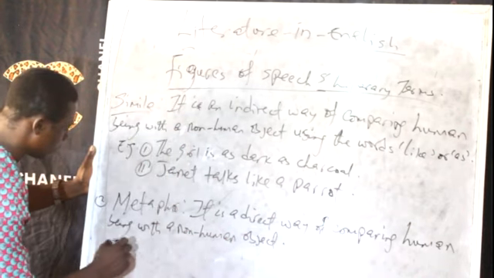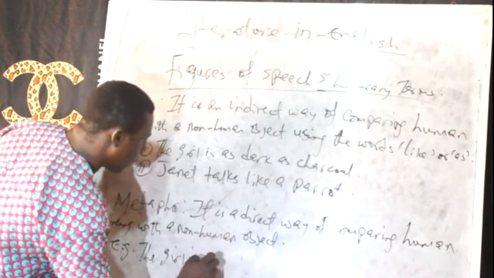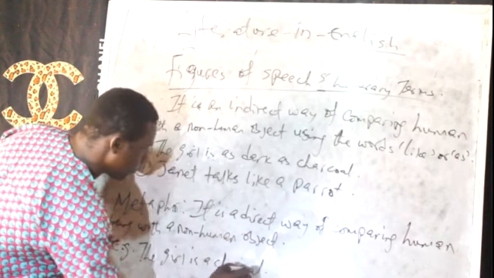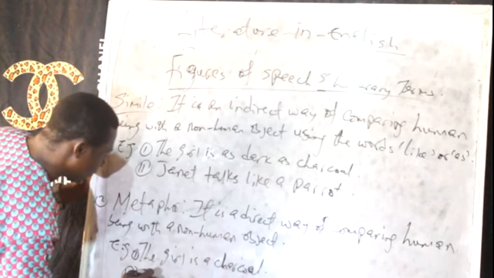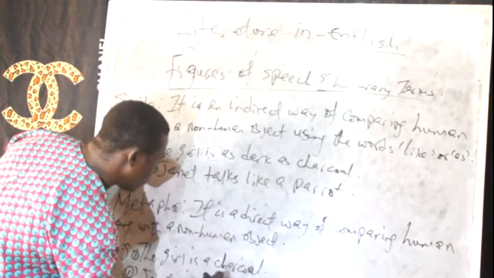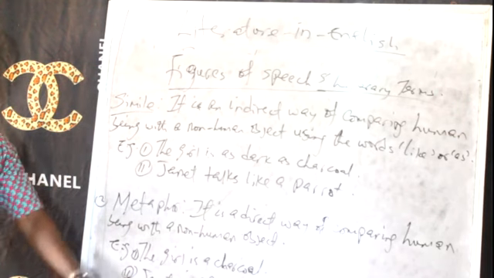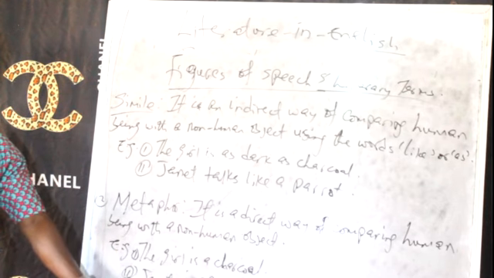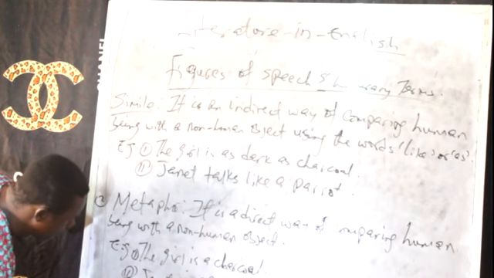For example, the girl is a charcoal. 2, Janet is a parrot. So those are the examples. We have many, but let me accept these 2 for today. The third one is irony.